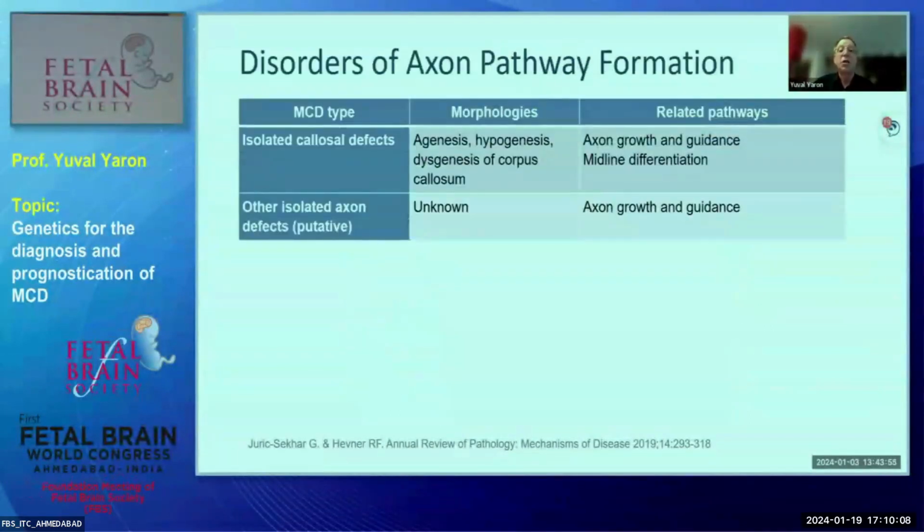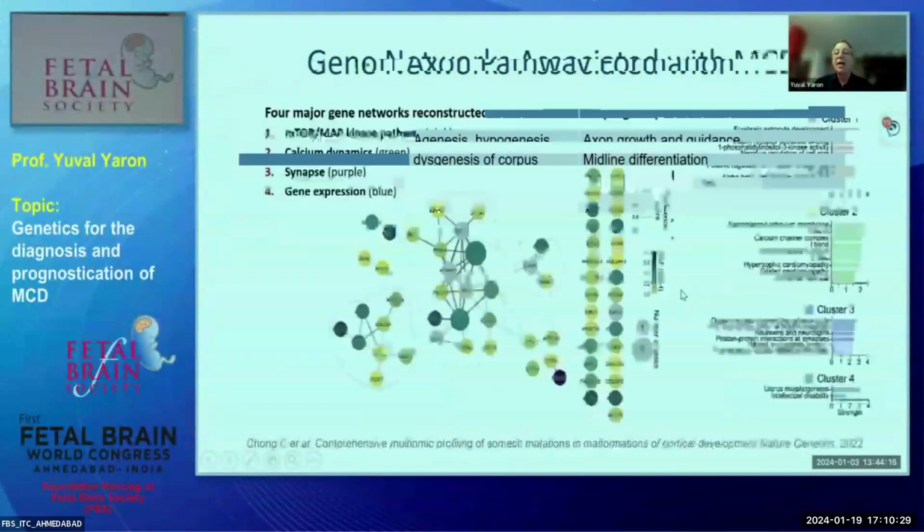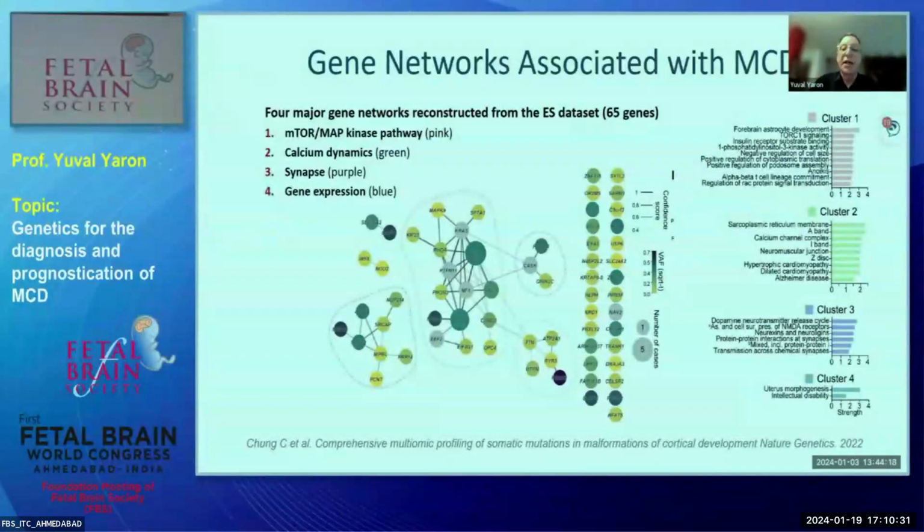And then finally, disorders of post-migrational cortical development. You may have different genes disrupting the axon growth, and the guidance of which way the axons are developing. And this is a study that's recently been published looking at brain biopsies of different types of MCDs. And there are additional pathways that have been discovered that are associated with this.